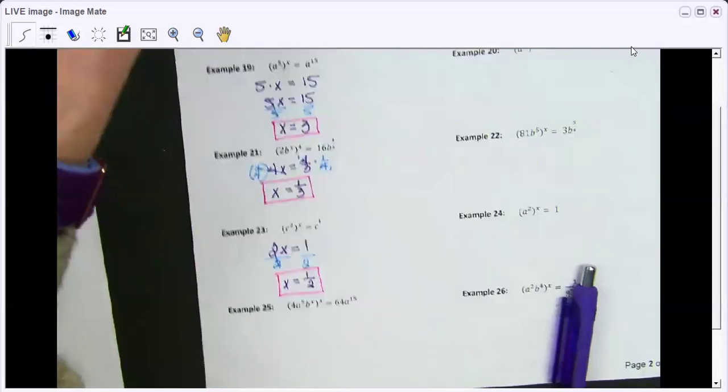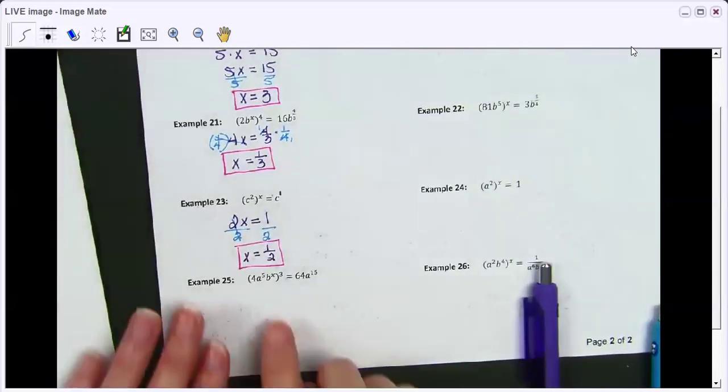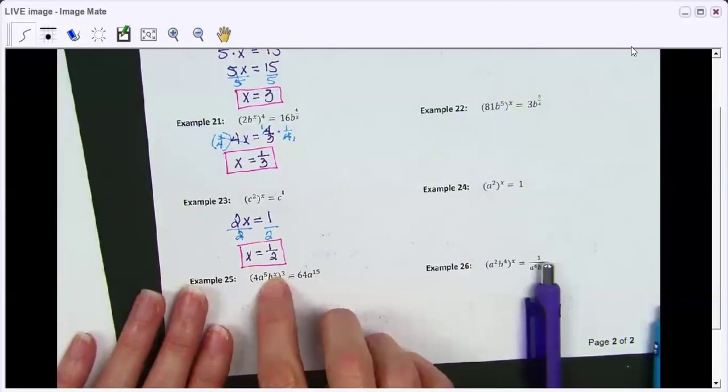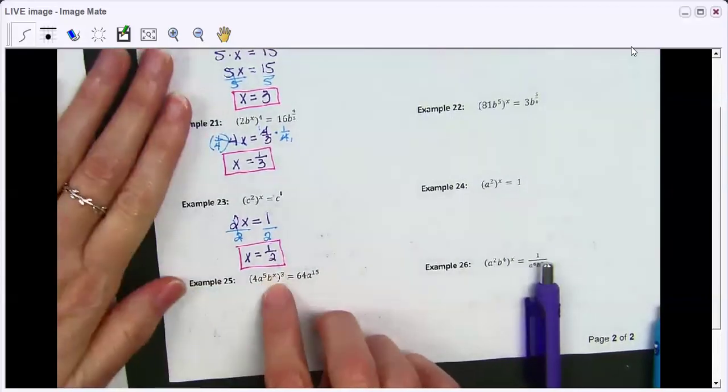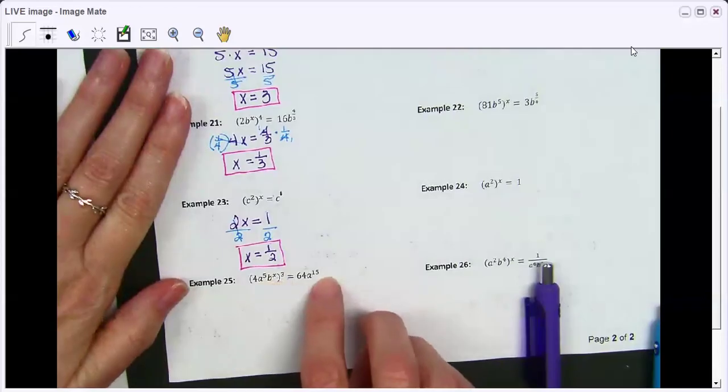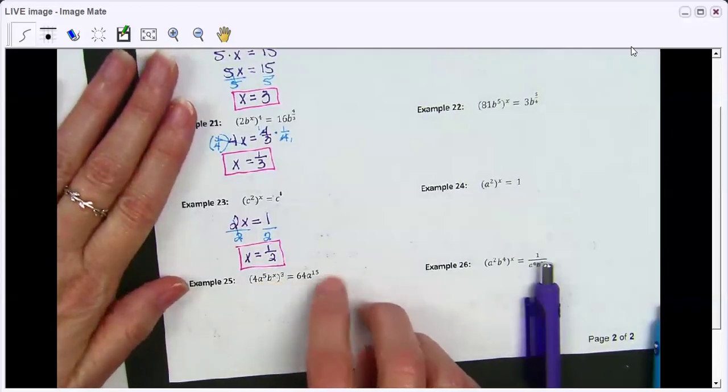All right, example 25. We're trying to find the x, so we're just working with the b here. We know that 3 times x is going to give us, there's no b over here. What happened to our b?